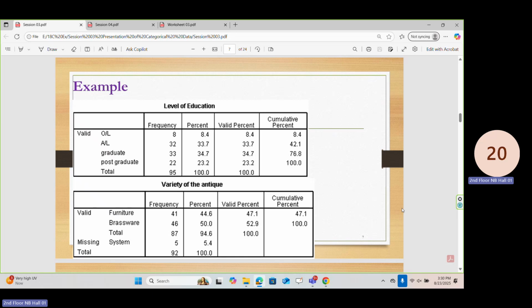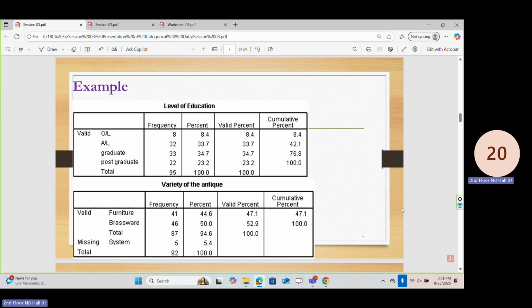Then how many data are missing? Five. When we calculate the percentage, we consider the total of 50 respondents. But when we calculate the valid percentage, we consider only the valid responses, 45. It's clear. This is the meaning of the percentage and the valid percentage.